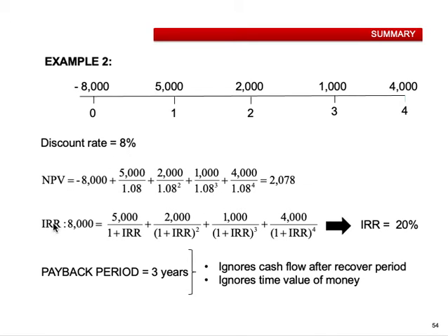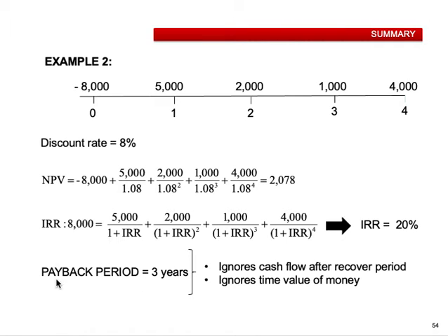And the spreadsheet in Excel actually gives us an IRR of 20%. So we actually already knew that it should in any case be larger than the discount rate because we have a positive NPV. And we know that if we have a positive NPV, we should have an IRR which is larger than the discount rate.